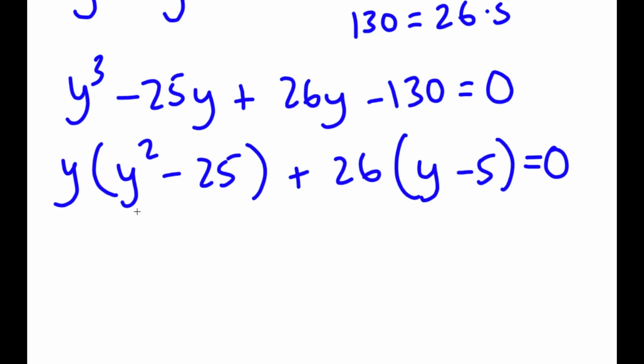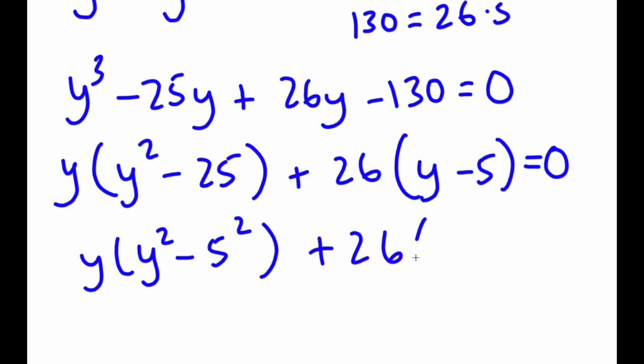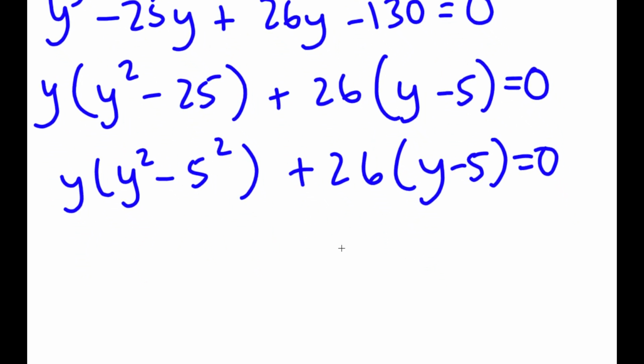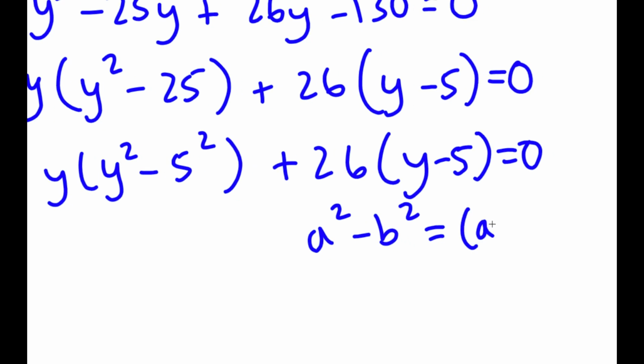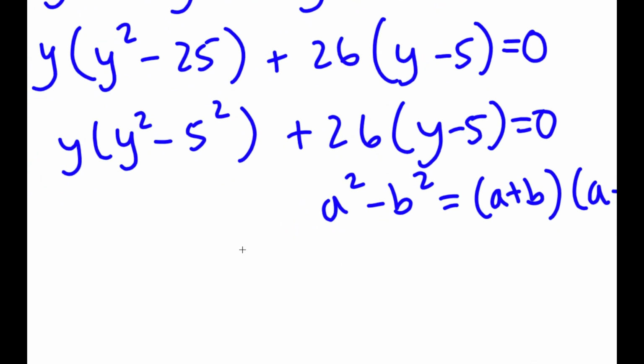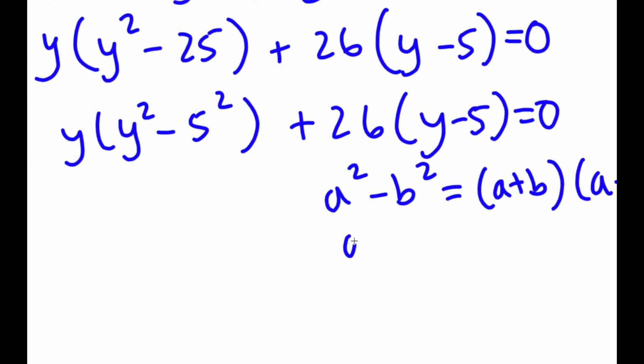So now y squared minus 25 is the same thing as y squared minus 5 squared. And if I have something in the form a squared minus b squared, this is equal to a plus b times a minus b. So in this case, a is equal to y and b is equal to 5.